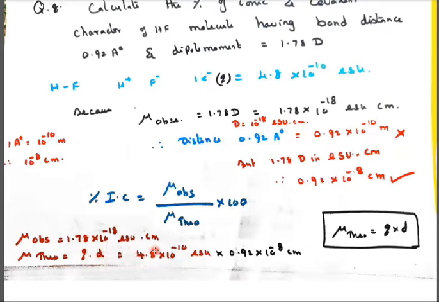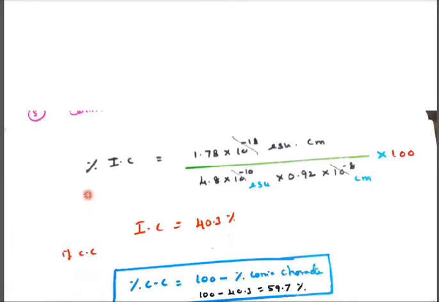The charge is 4.8 into 10 to the power of minus 10 ESU and D is 0.92 into 10 to the power of minus 8 centimeter. Substituting everything, we get 1.78 into 10 to the power of minus 18 divided by 4.8 into 10 to the power of minus 10 into 0.92 into 10 to the power of minus 8.